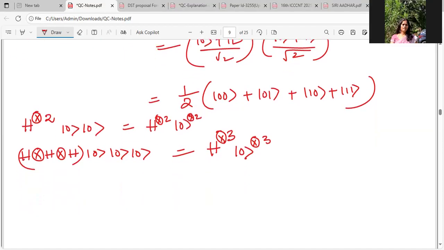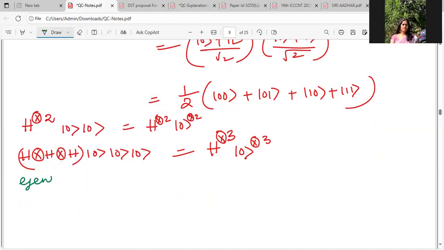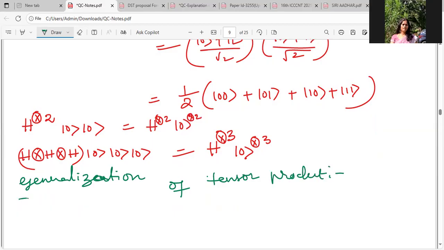Now, let me talk about the generalized version, the generalization of tensor product. I will write the statement. Just see here.